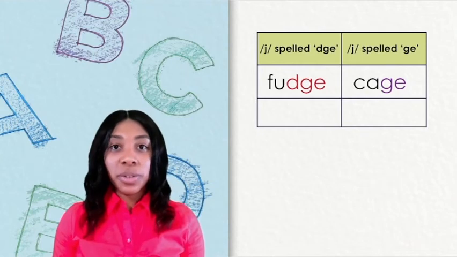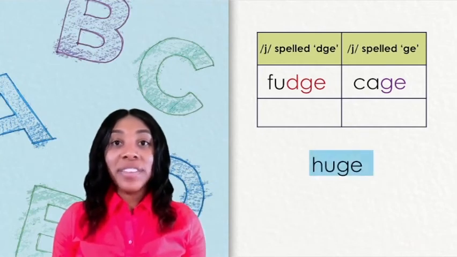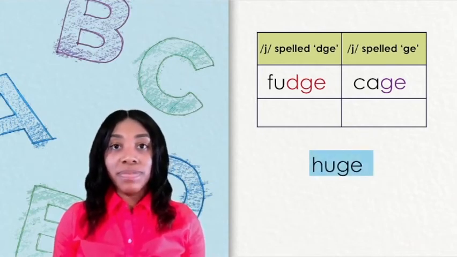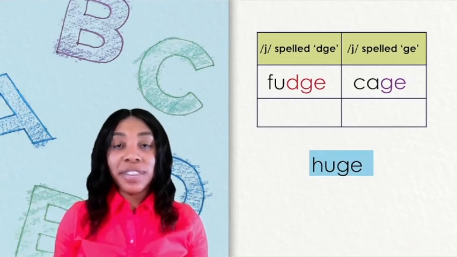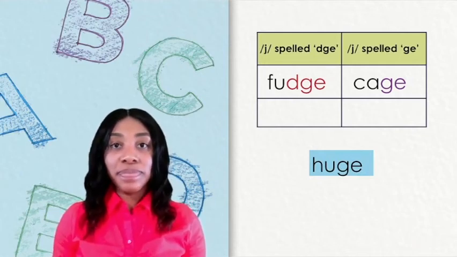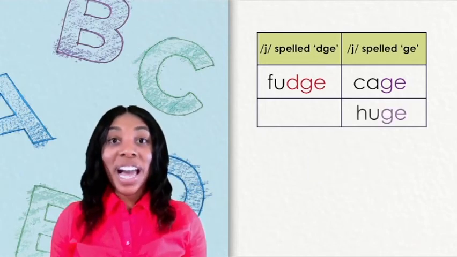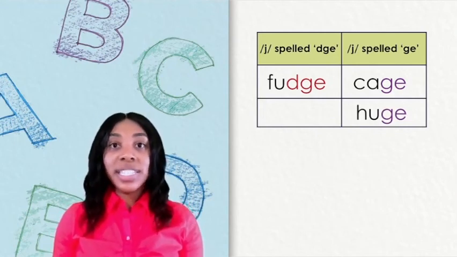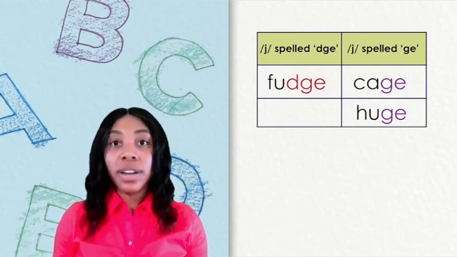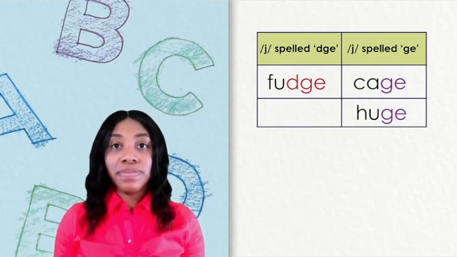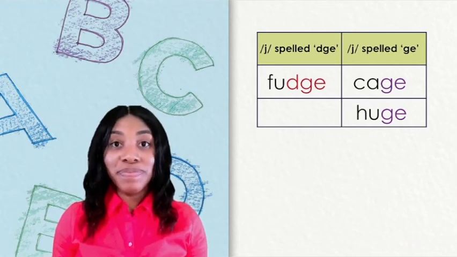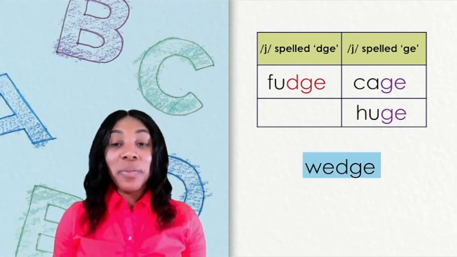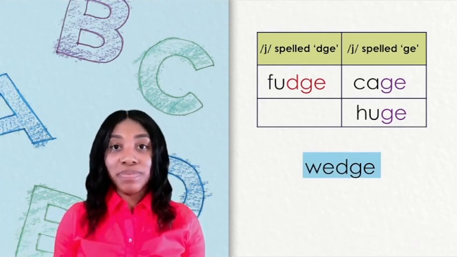Let's see if the rule still works. We have the word huge. What spelling do you see for the J sound? We have a G-E. Before the J sound, did we have a short or long vowel? We have a long U. All right, let's try our last word. We have the word wedge.